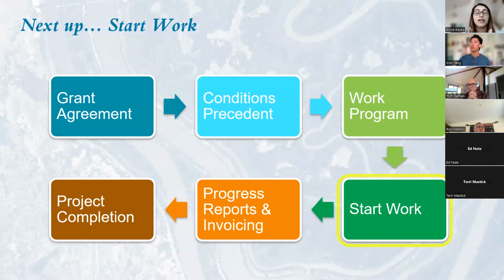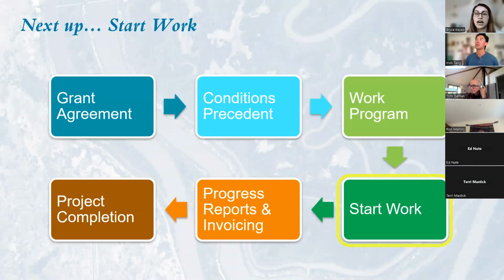So we do have multiple different types of projects that went to the board in June and that have different grant agreement templates. I went more with construction and planning projects because those are our most common types of grants, but you can always talk to your project manager specifically about what is needed for acquisition projects and how it's different.